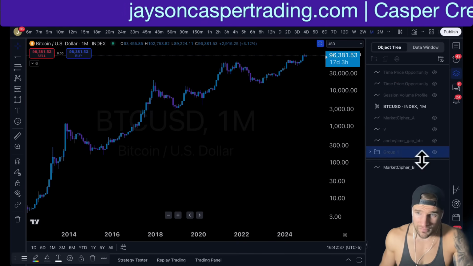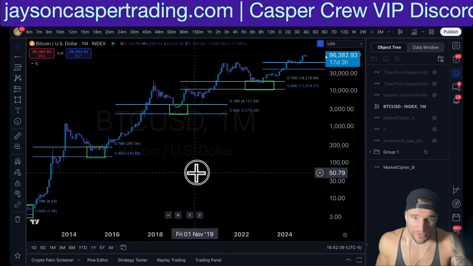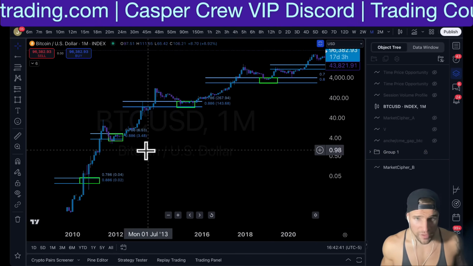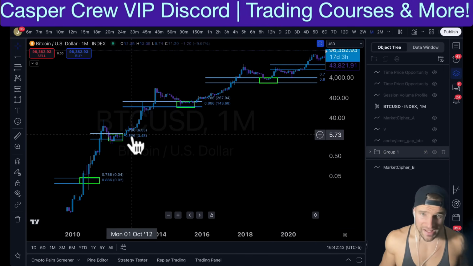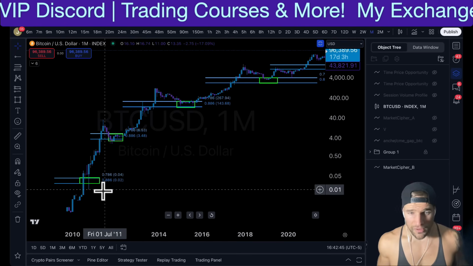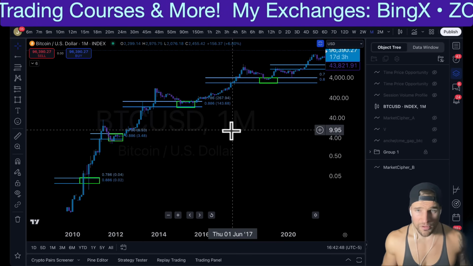Look at this. Every single bear market bottom comes in between the 786 and the 886 fib from the bear market low to the bull market top.